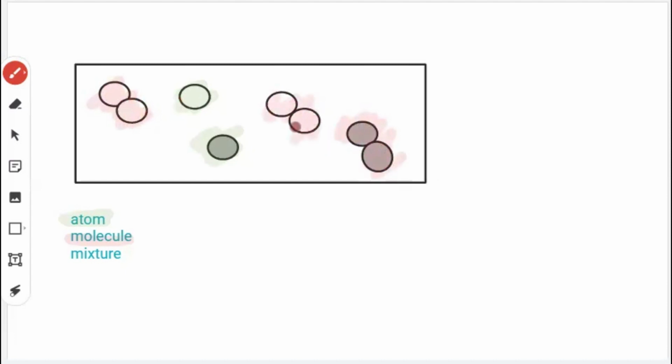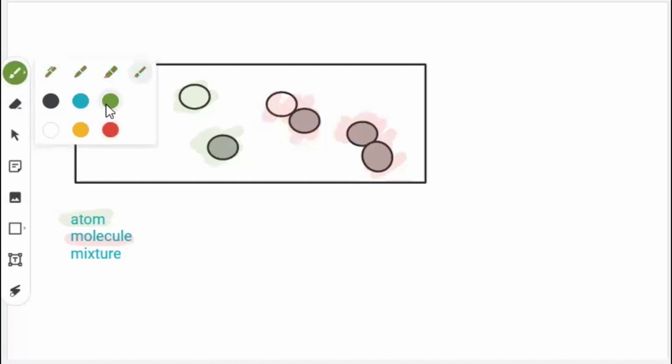It could also happen that one of the circles is different, and this can indicate that two different elements are combined together to make up a molecule. Now, this molecule can be of two atoms or multiple atoms, as we have already talked about before.